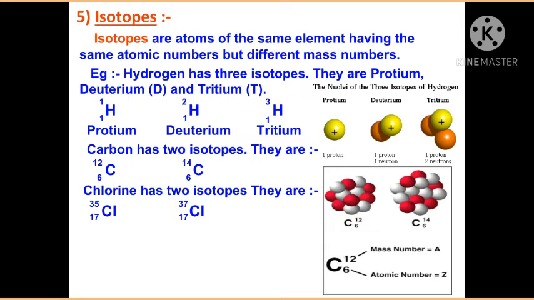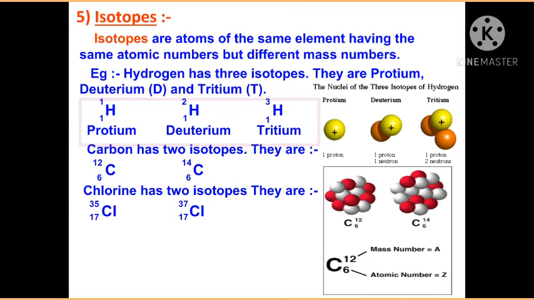It has three atomic species, namely protium 1H1, deuterium 1H2 or D, and tritium 1H3 or T. The atomic number of each one is 1, but the mass number is 1, 2 and 3 respectively.